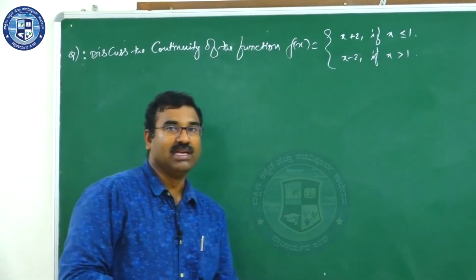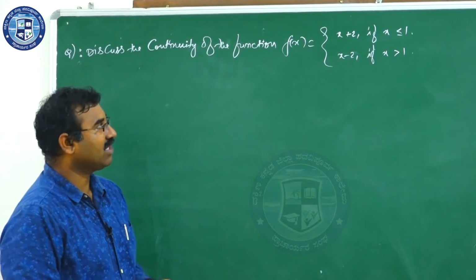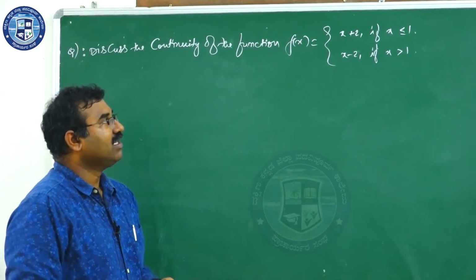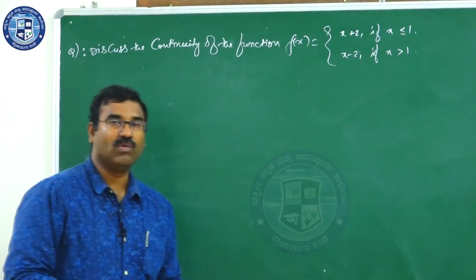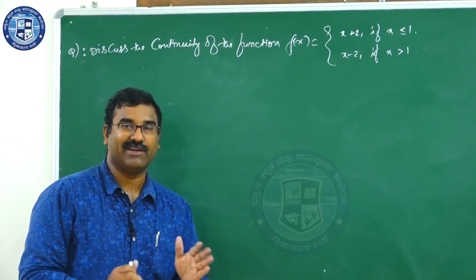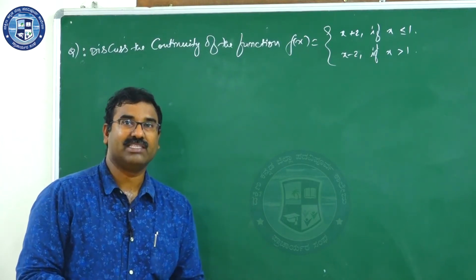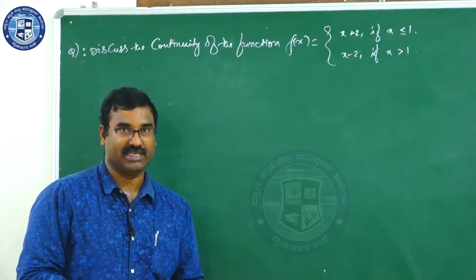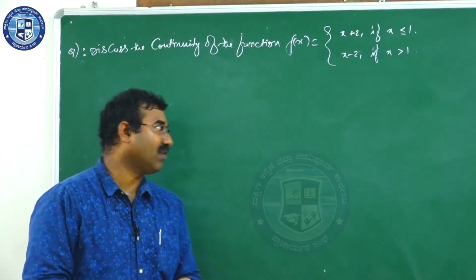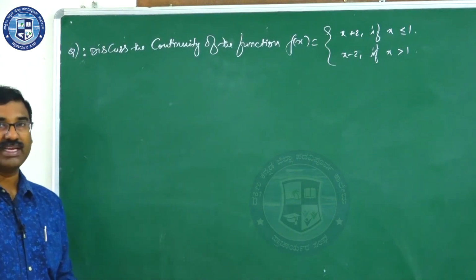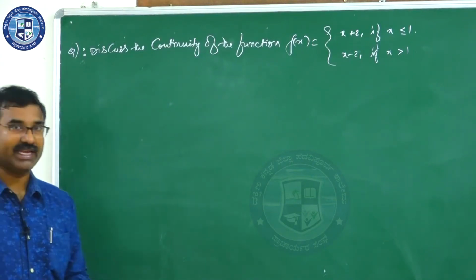So that means the split took place at 1, right? The function is split at x equal to 1. I used to say that every time the function is split, there may be a chance of the function being discontinuous at that point. So at x equal to 1 we should be very careful.